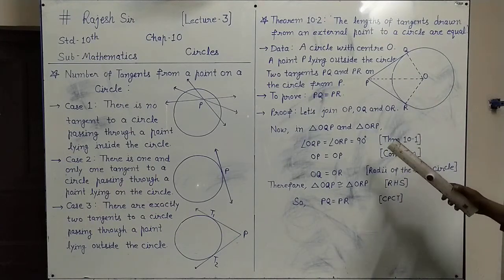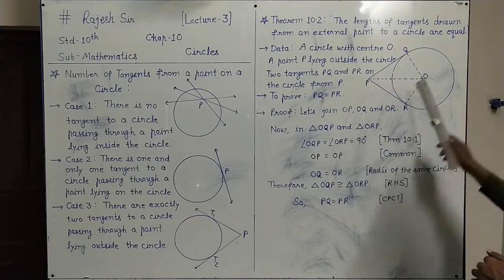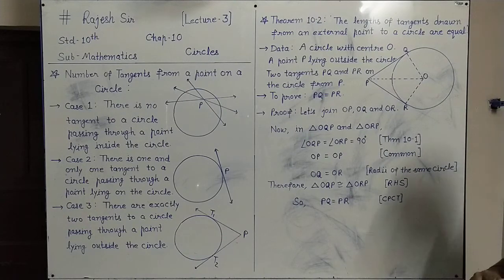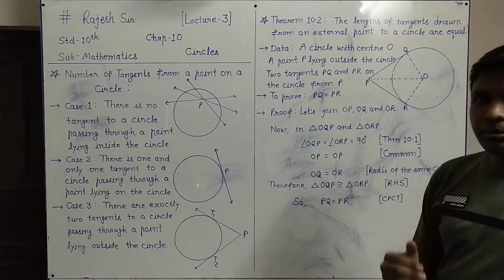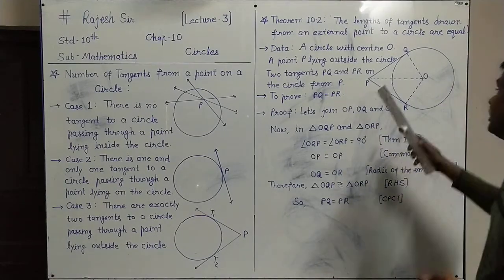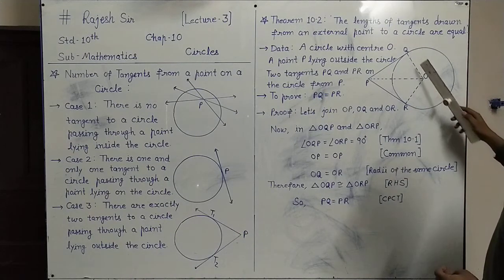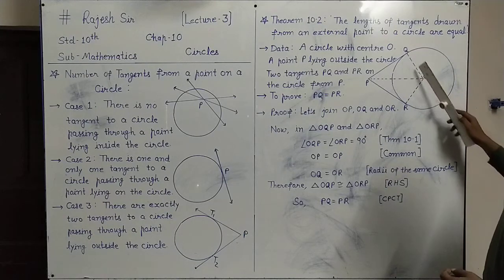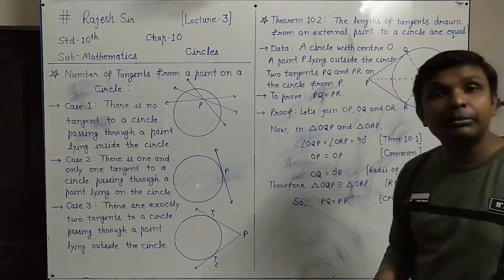So first of all, we can write angle OQP equals angle ORP equals 90 degrees by Theorem 10.1. Theorem 10.1, you remember, says that if a tangent is drawn, then the radius drawn to the point of contact will be perpendicular to the tangent.